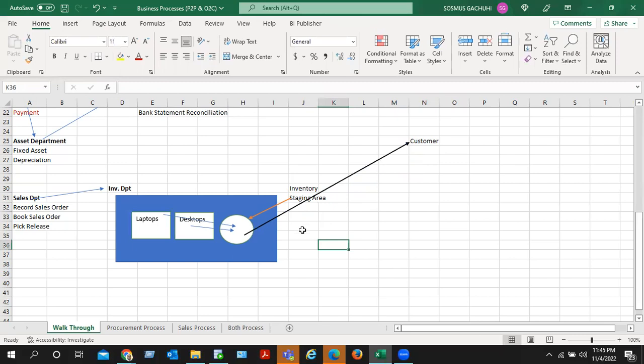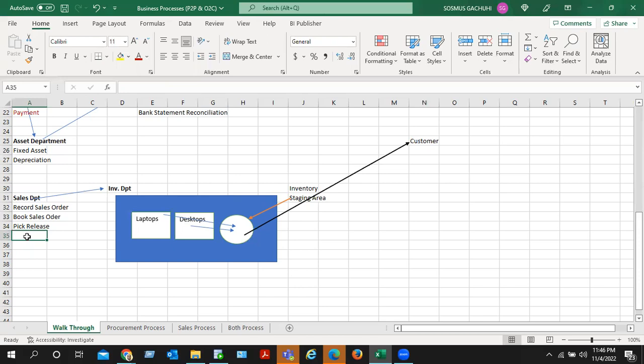Okay. The process of moving from the staging area to the customer, in the system, the sales department, or maybe the inventory department, and through another sub-inventory department by the name shipping department, this one goes by the nature of an organization.